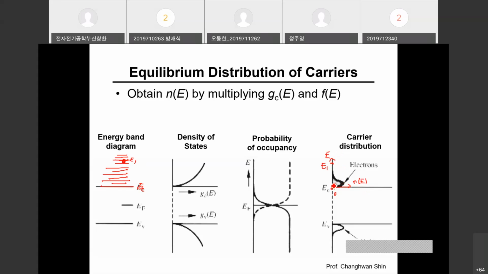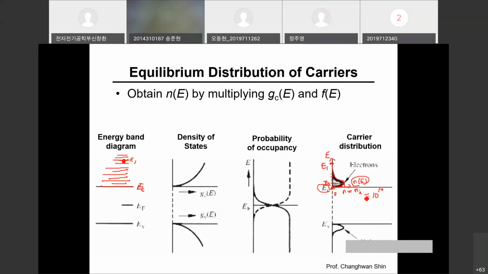As we have intuitively understood, most electrons will be found at the energy states near the conduction band edge. So in the end here, N of E, the shape is like that. Which means that at a very high energy state, the number of electrons is almost zero, but at an energy level very close to the conduction band edge, maybe this value is quite equal to the n sub i, 10 to the 10, right?